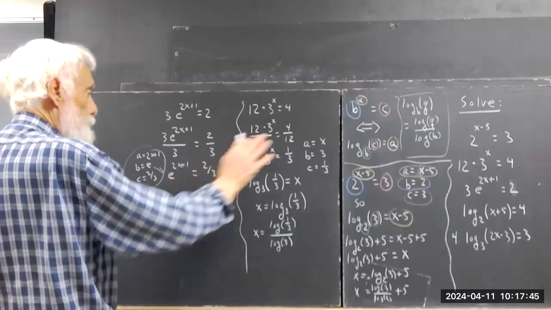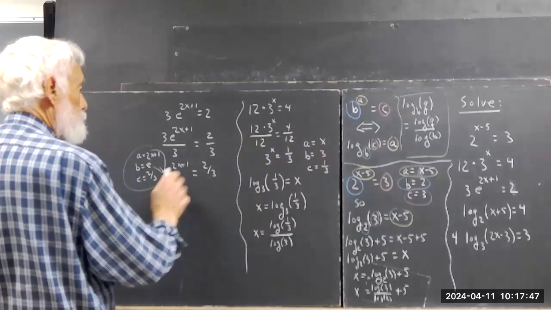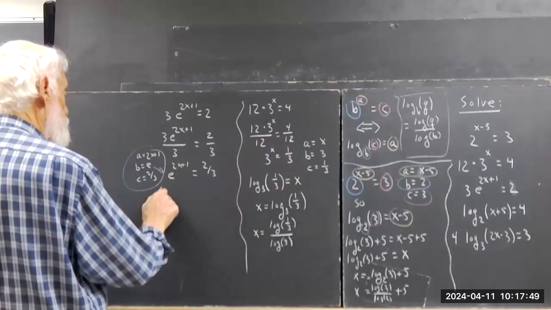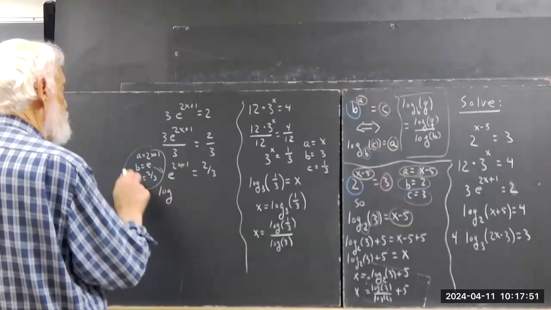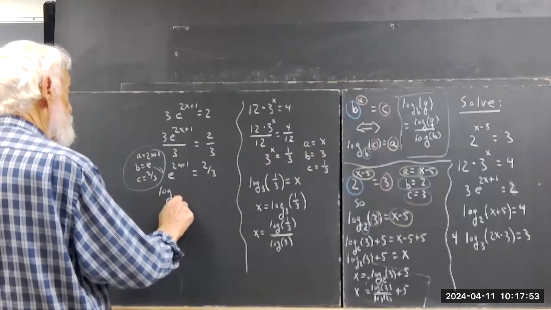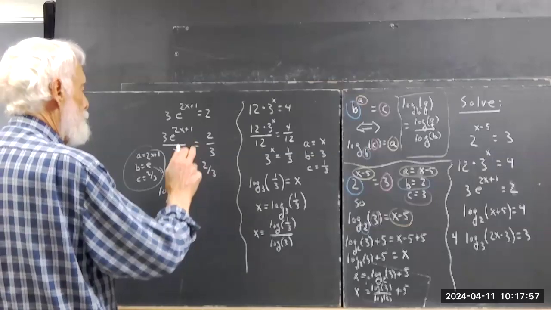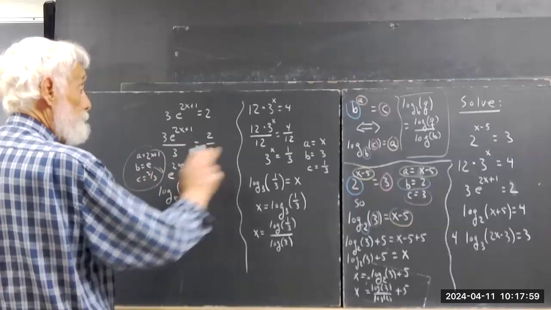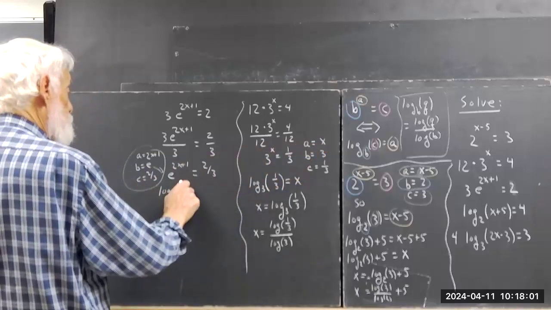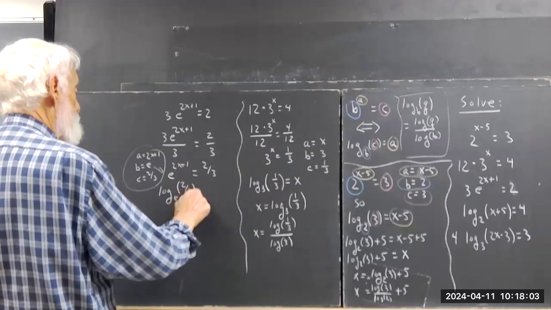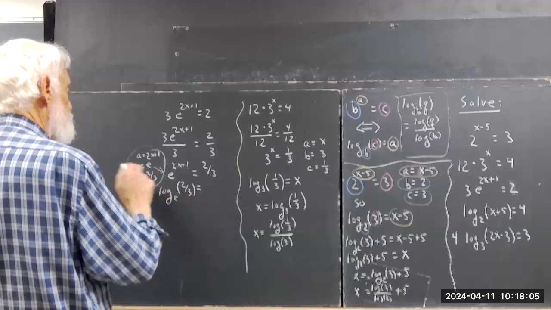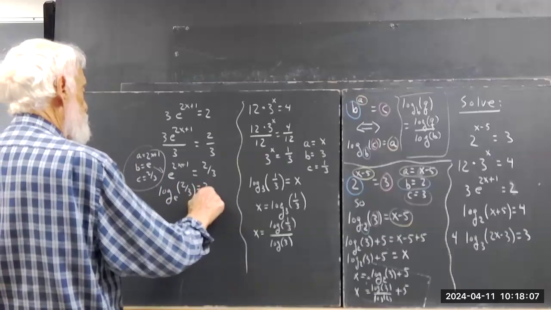So now we can write it in the logarithmic form. It's log base b, and b is e, so log base e of C, which is 2/3, and that equals A, which is 2x plus 1.